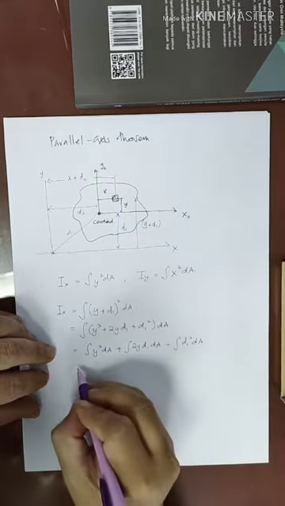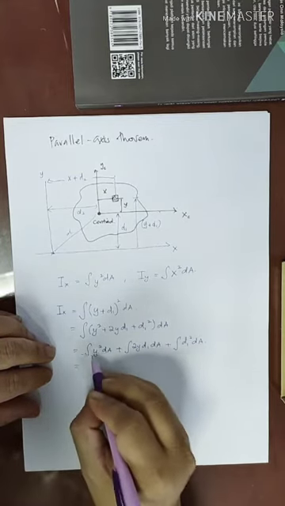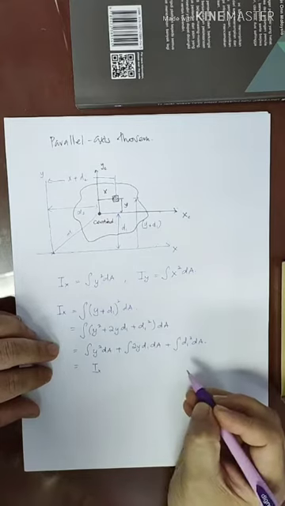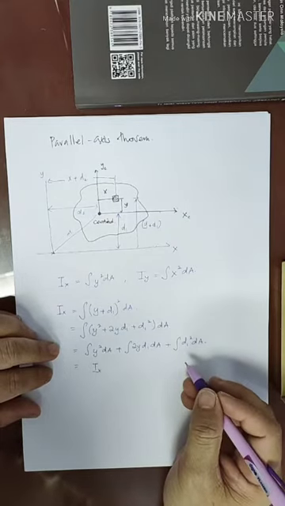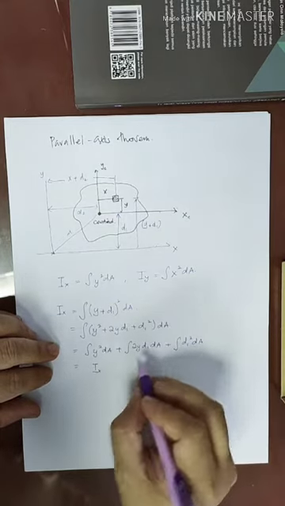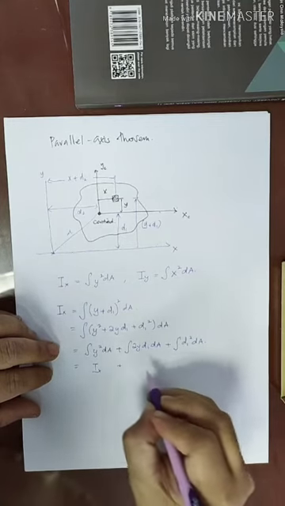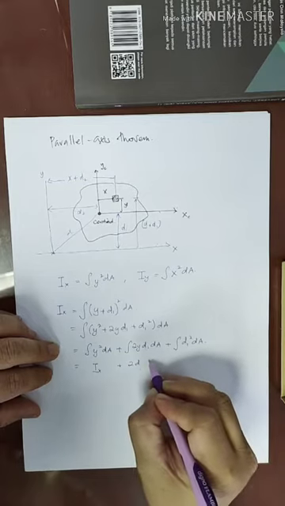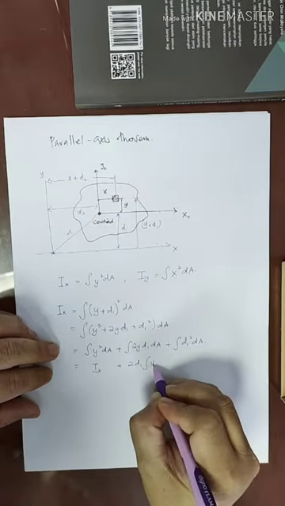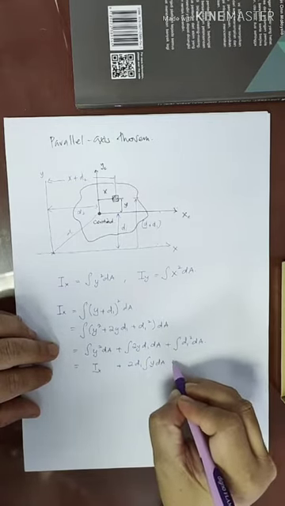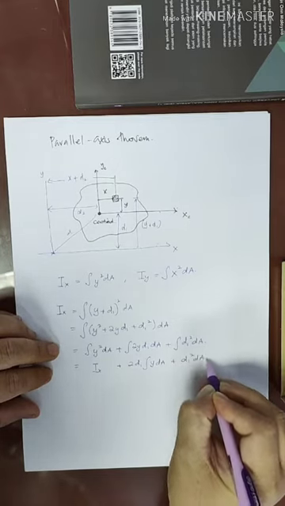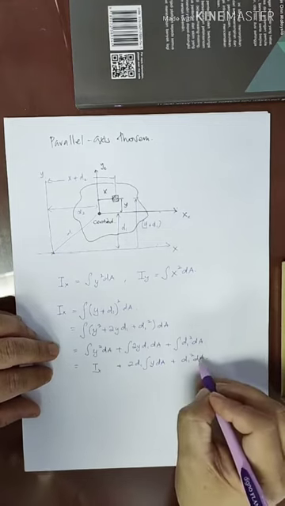Okay, so this is the conventional Ix. Here we have the 2 d1 integration of y dA plus d1 square dA.